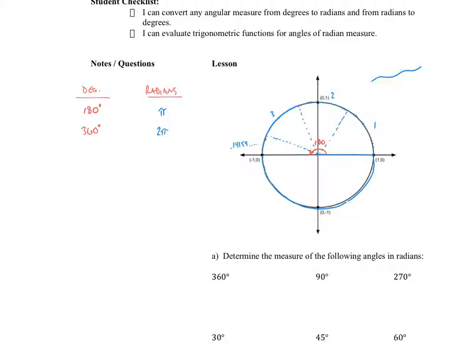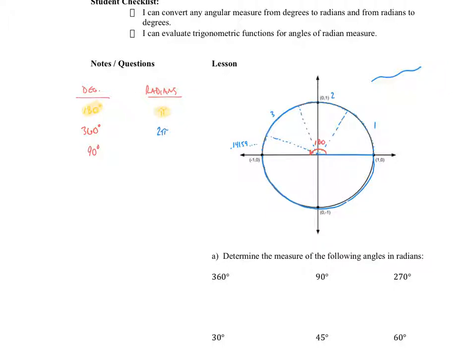So in degrees, we have 180, and in radians, we have pi. And that's a pretty important place to start. So we're going to start with this distinction. Pi radians is 180 degrees. And we're going to go from there. Let's think about some other easy angles, like 90 degrees.